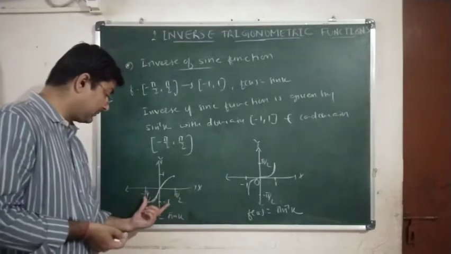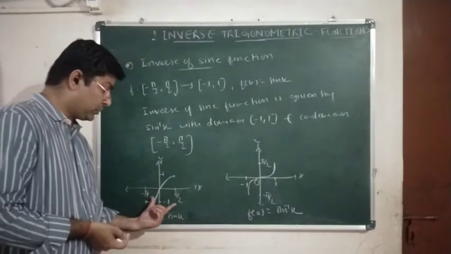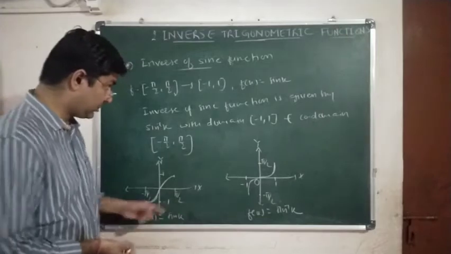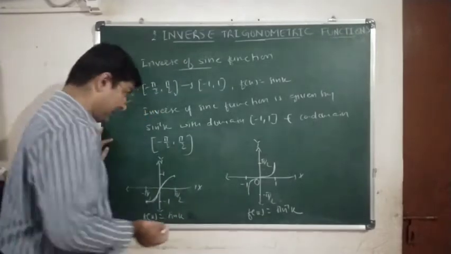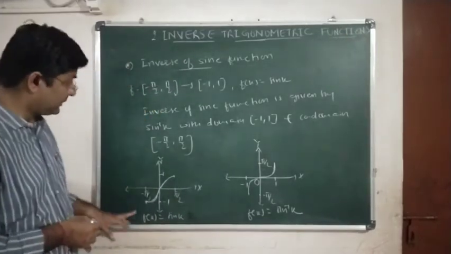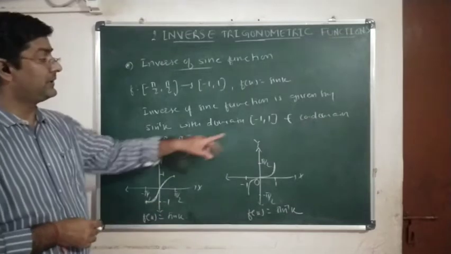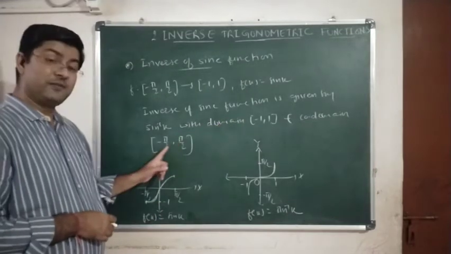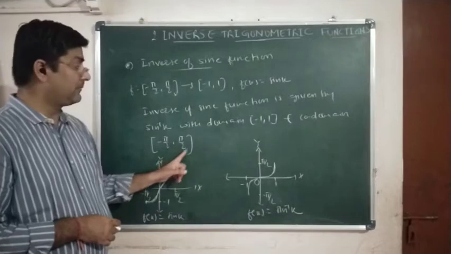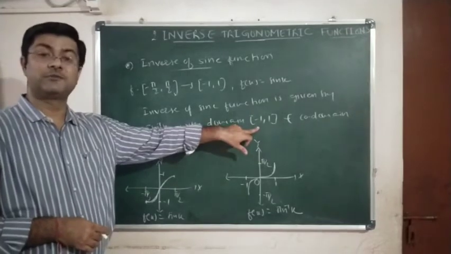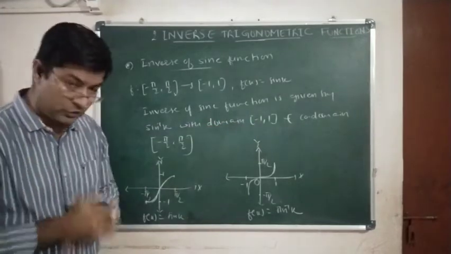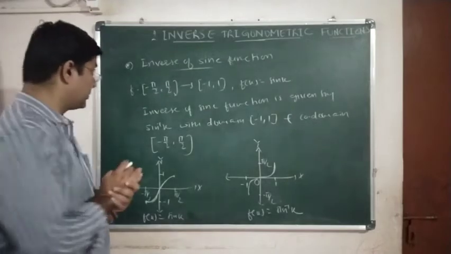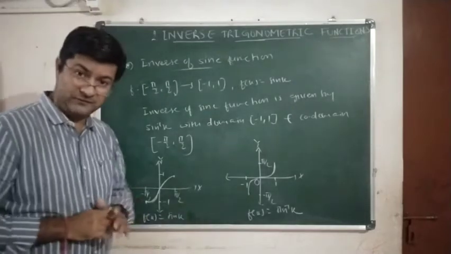Here the domain is minus pi by 2 to pi by 2. This is called the principal value branch. Clear? So this is the inverse of the sine function.